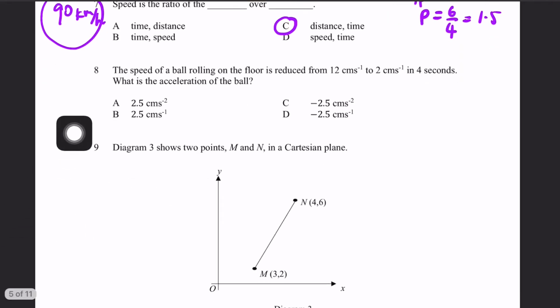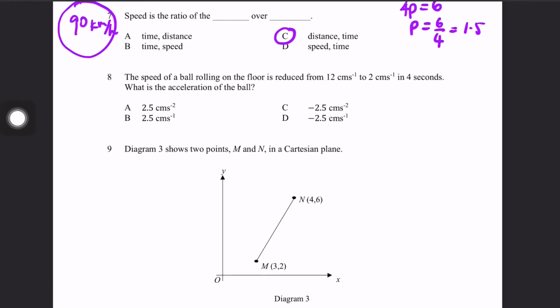Okay, next, number 8. The speed of a ball rolling on the floor is reduced from 12 centimeter per second to 2 centimeter per second in 4 seconds. What is the acceleration of the ball? Okay, so sekarang soalan nak kita cari acceleration.